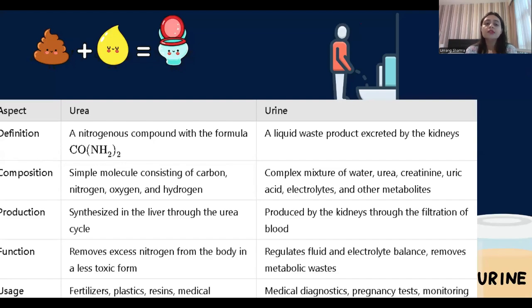As you can see on the screen, urea and urine. What is the differentiation between them? Urea, as I've told you, is nothing but the nitrogenous waste which comes out of the body, and urine is a liquid waste product which is excreted by the kidneys.